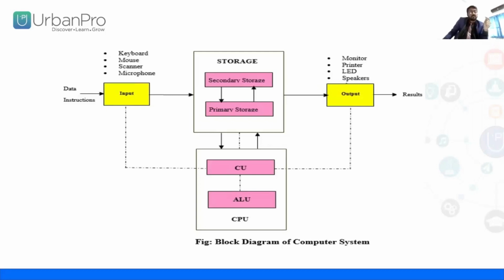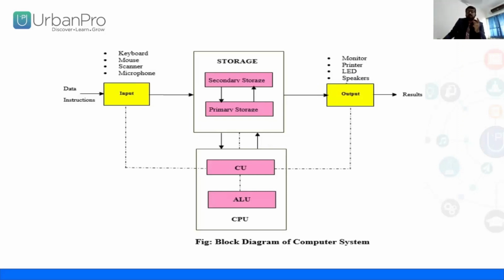Now, you are inserting the program using the keyboard to the storage unit, right? A program is a set of instructions given to the computer to perform a particular task. That set of instructions you insert through the keyboard to the storage unit. It goes to primary storage, that is RAM.